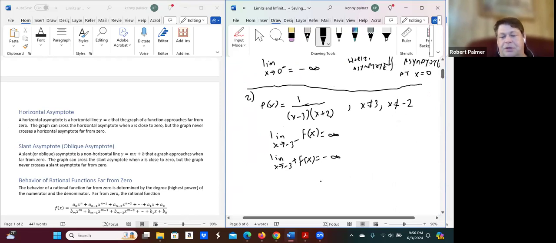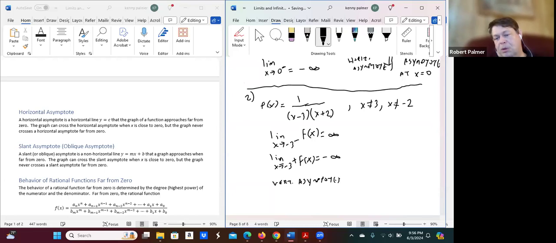This function, actually, I forgot to write this in. Of course, we have vertical asymptotes at x equals 3 and x equals -2. And in the same way, here, my numerator is constant. So the larger x is, in either the positive or negative direction, the bigger my denominator will get.